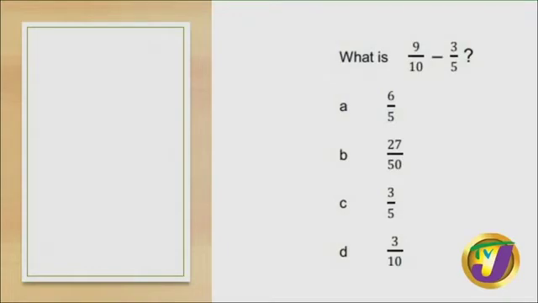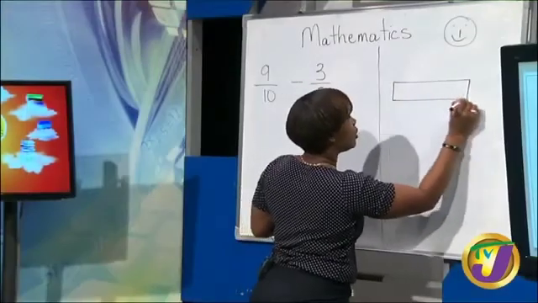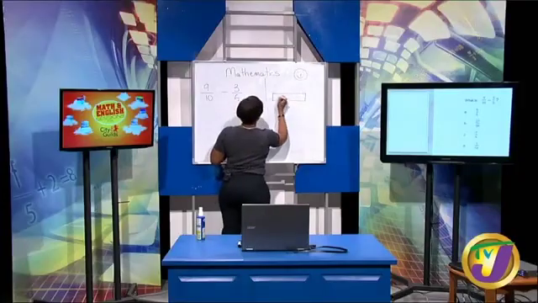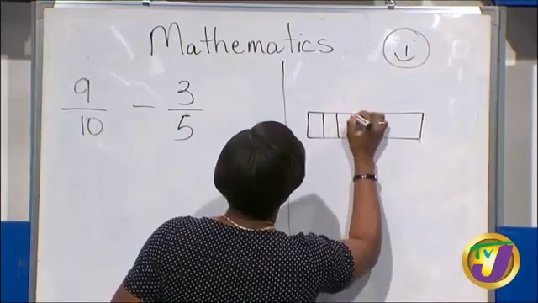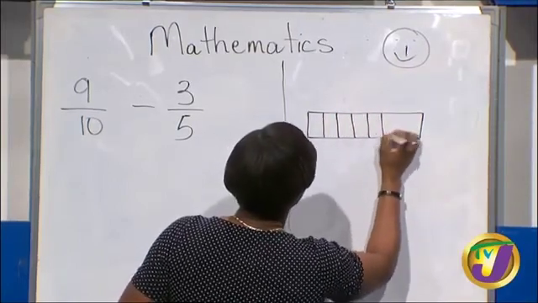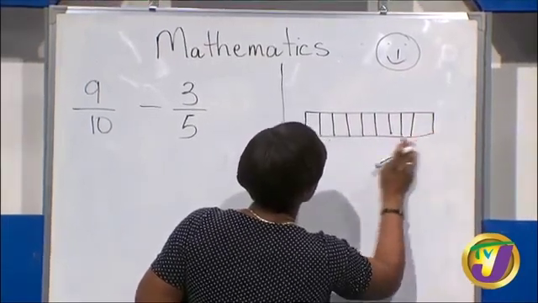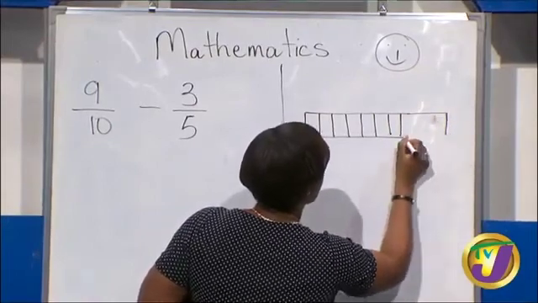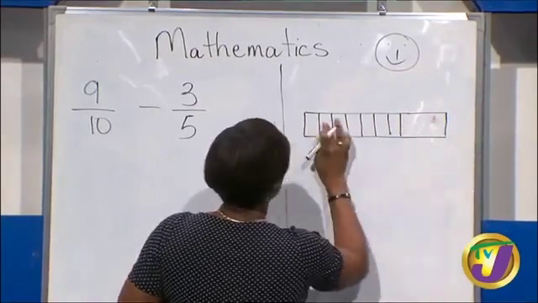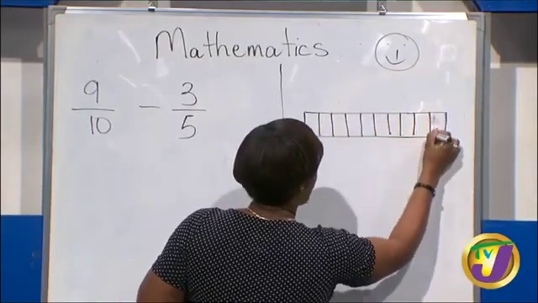As I said, I'm going to give you a little linear model over here. So we're talking about a whole. This whole is cut into 10 parts: 1, 2, 3, 4, 5, 6, 7, 8, 9, 10.